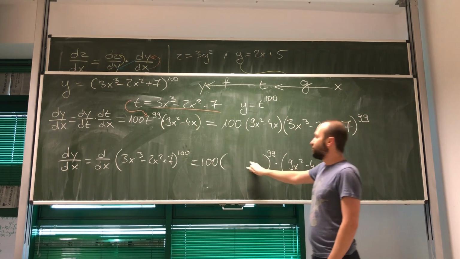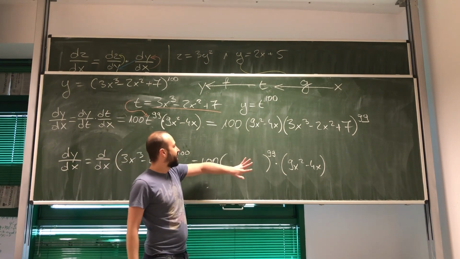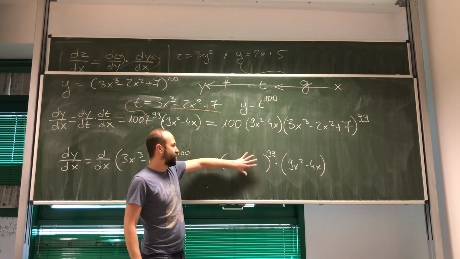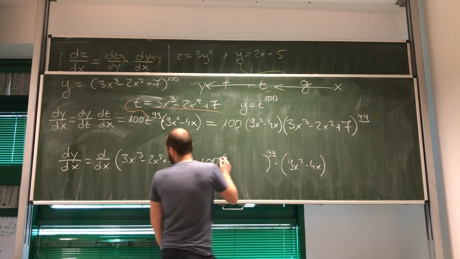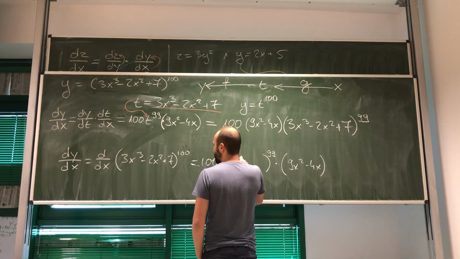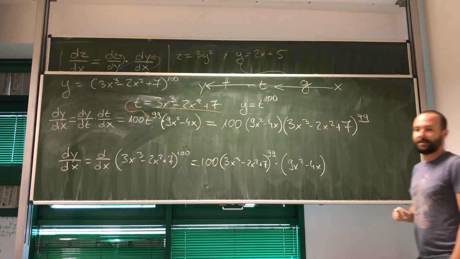But of course, here we've got something missing, because for a second we were imagining that this is just x, and here we just need to rewrite 3x to the power of 3 minus 2x squared plus 7.